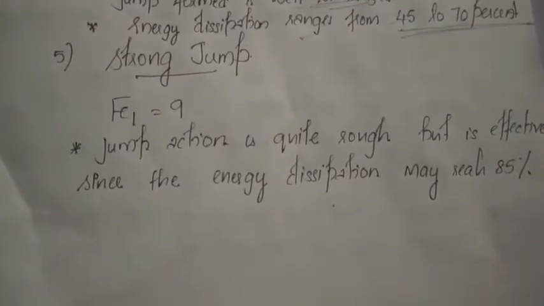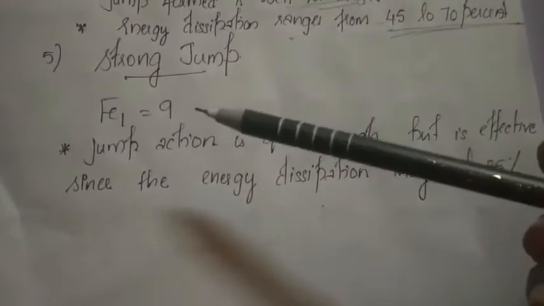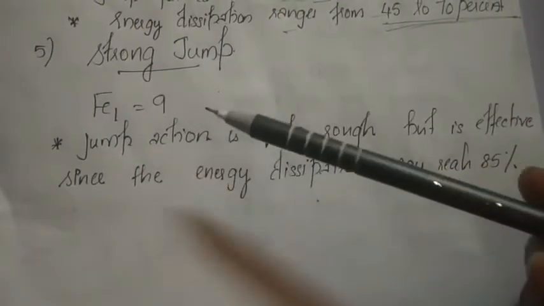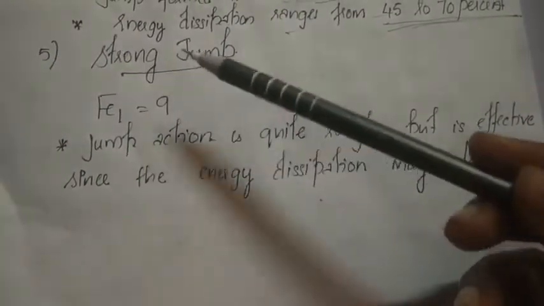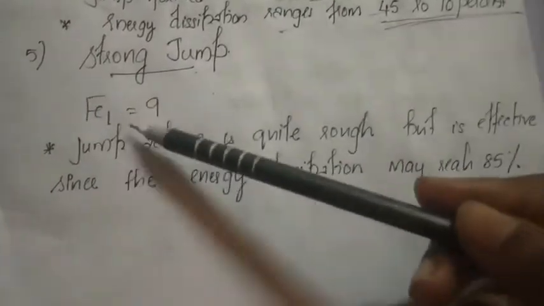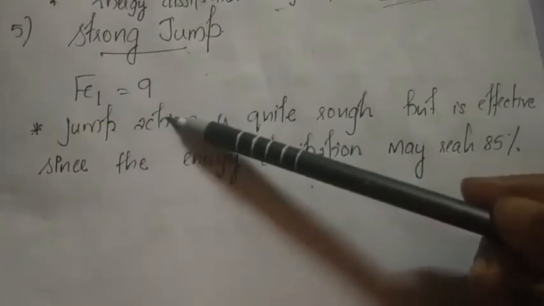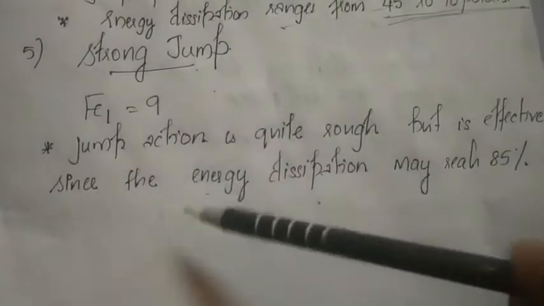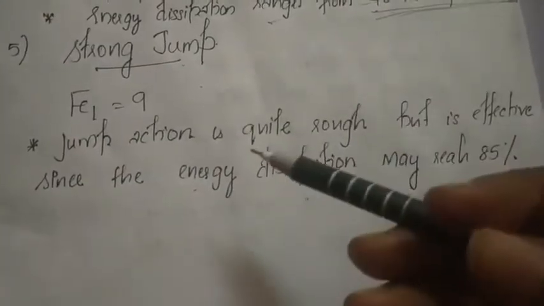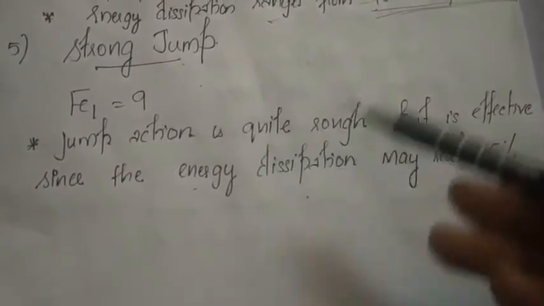So the last jump is the strong jump. For strong jump, the Fe1 equals 9 and the larger jump formed is strong jump. So here the Froude number Fe equals 9. And in this case, a rough surface prevails which continues downstream for a long distance.